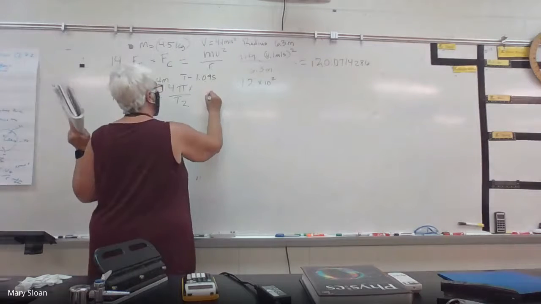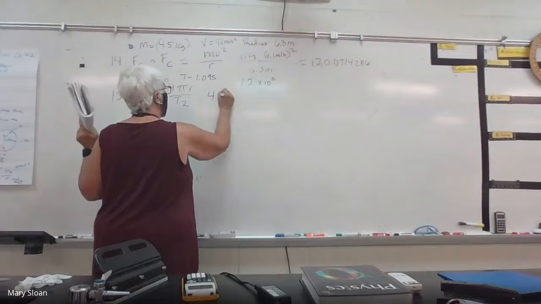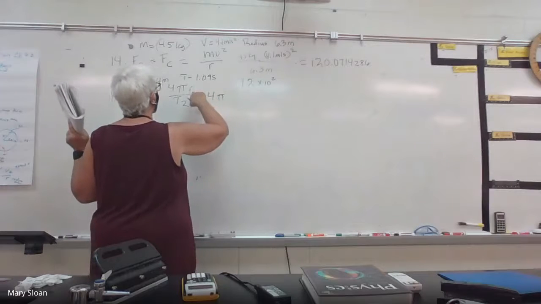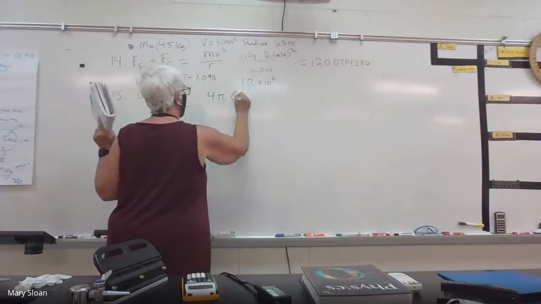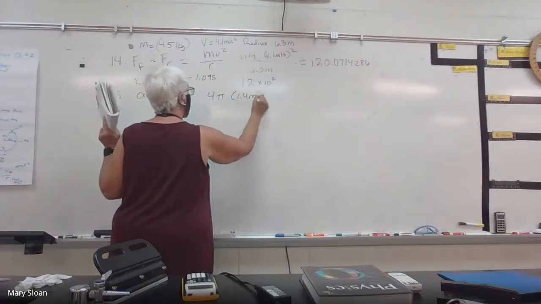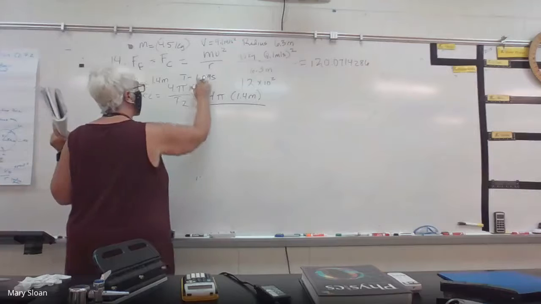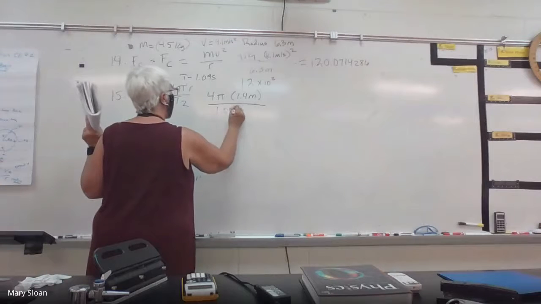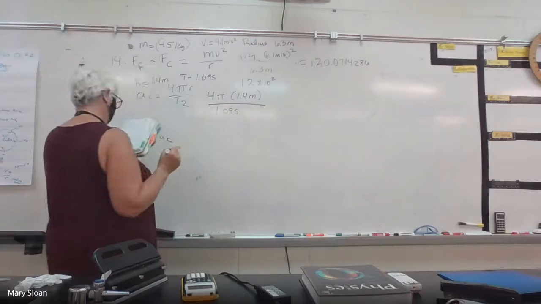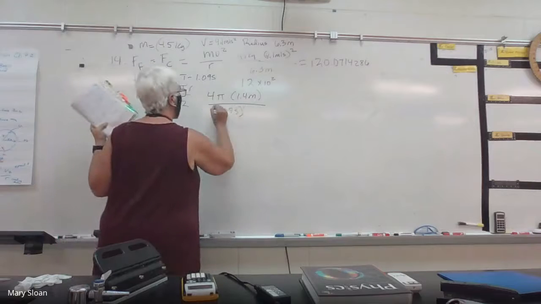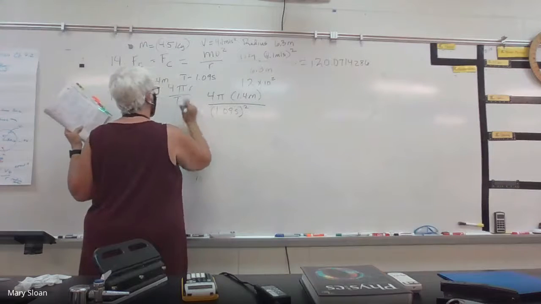So this is 4 pi, and our radius, you said, was 1.4 meters, divided by our time, 1.09 seconds, and we will need to square it.